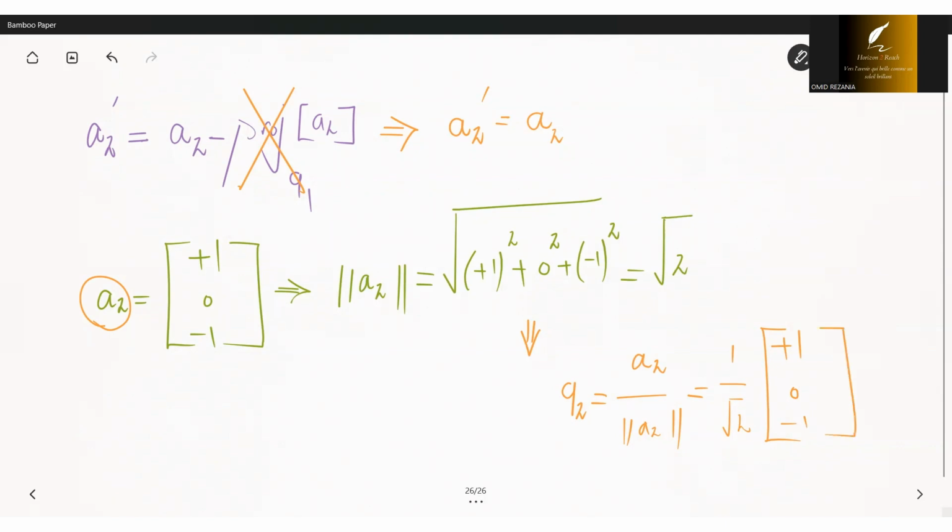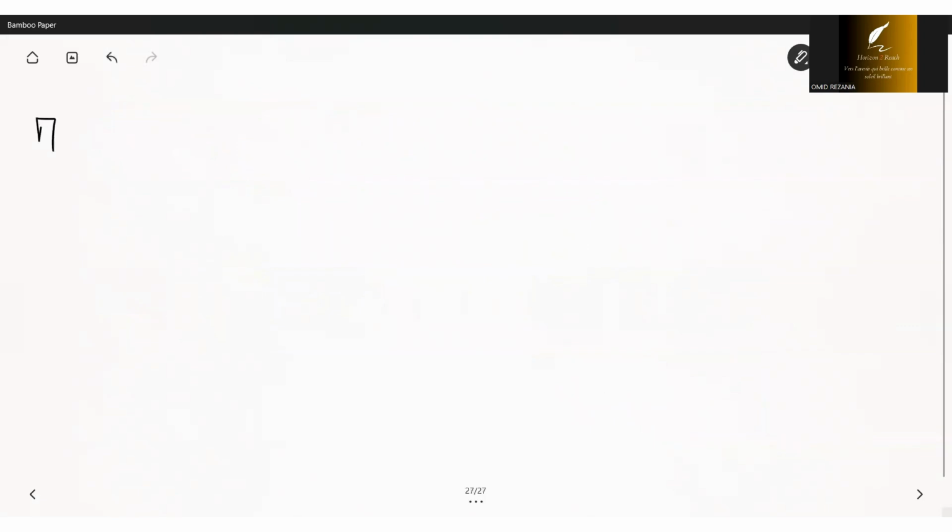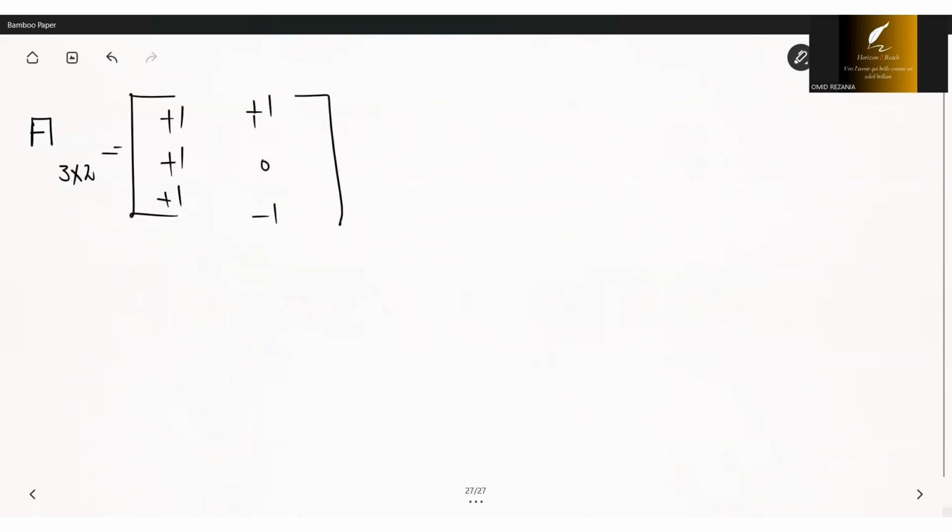Now, I'm just going to go to the next page. What did we do so far? The matrix that I was given was 3 by 2, with +1, +1, +1 in the first column, and the second column +1, 0, and -1.